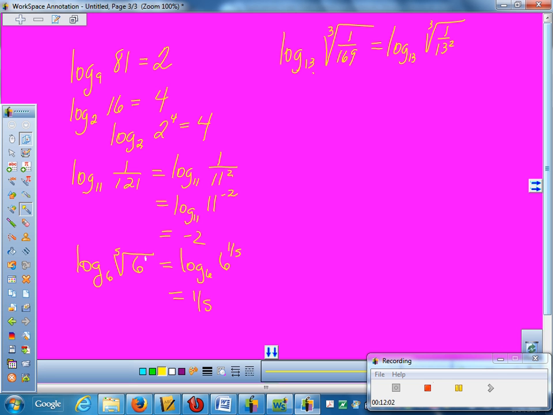Okay, Jason's bringing it up and making it a negative exponent, so I can buy that. So now I have the cube root of 13 to the negative 2. And then any root, you're going to change it to a fraction, because of course we know our rules of exponents like that.